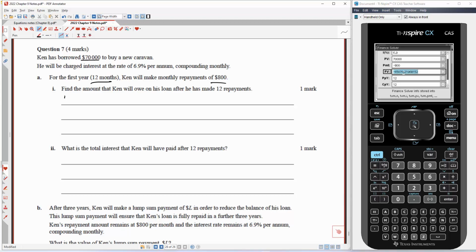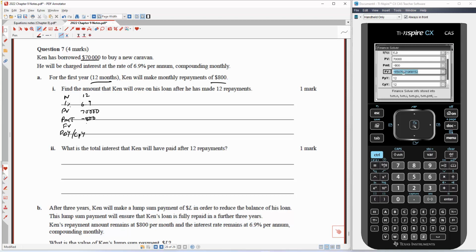So we'll go N, I%, PV, PMT, FV, PPY, CPY. Okay, so the number of times is 12, 6.9, present value, bank gave me 70,000, yay.